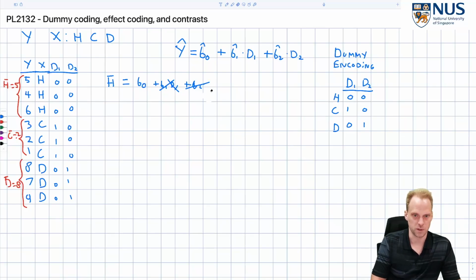I'll just drop these little hats to make the notation a bit more simple. So let's make it a bit nicer. We just remove that. It's just B1.